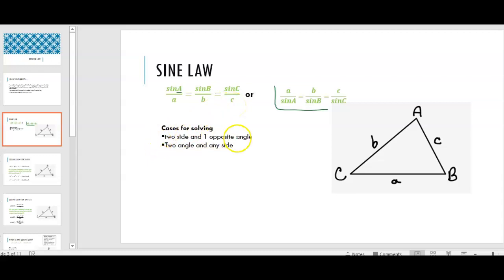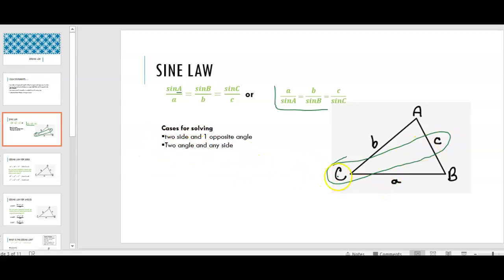Now, when do we use cosine law? Cosine law is used when you have two sides and one angle that is opposite. So if you recall, we said if you can create this kind of opposite pair and then another side or another angle, you can use sine law.